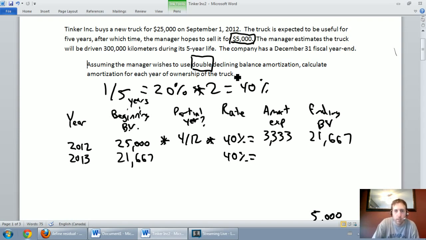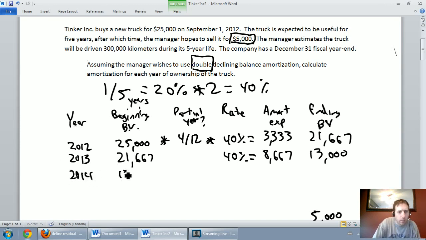So our amortization expense here is going to be 8,667, bringing the ending book value from 21,667 minus 8,667, and I get an ending book value of $13,000. Good thing now our numbers are going to be a lot more even.